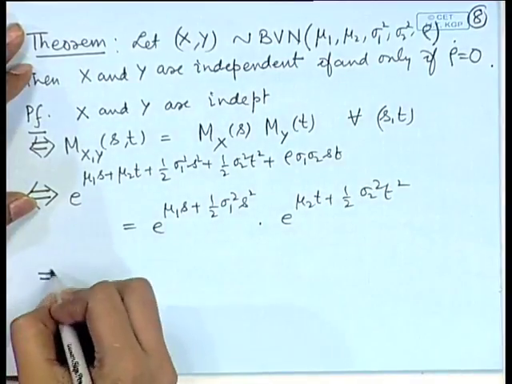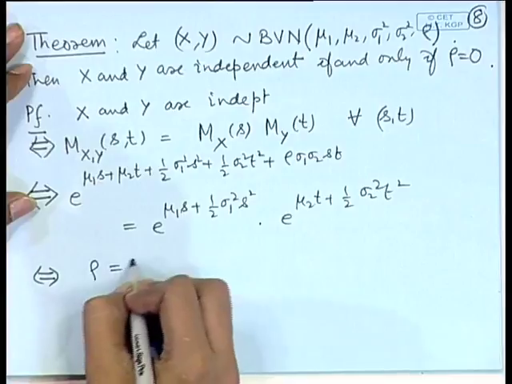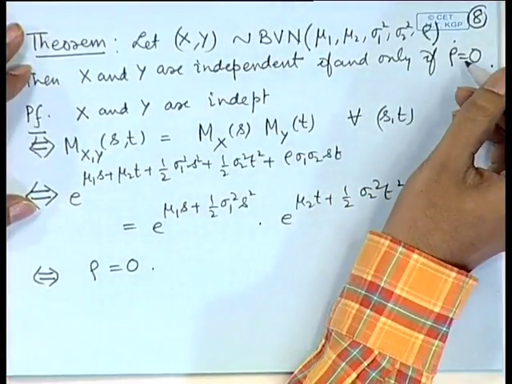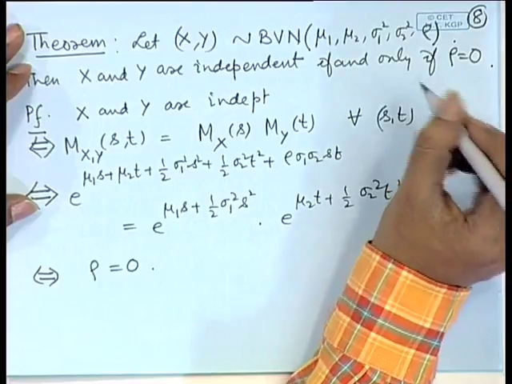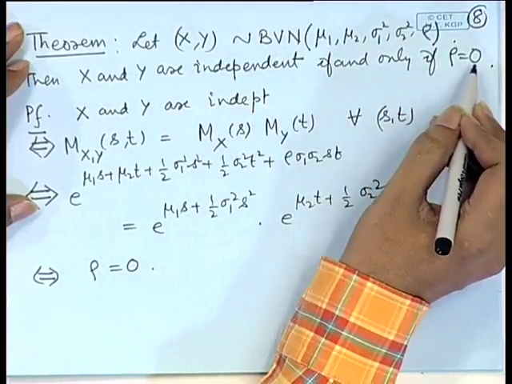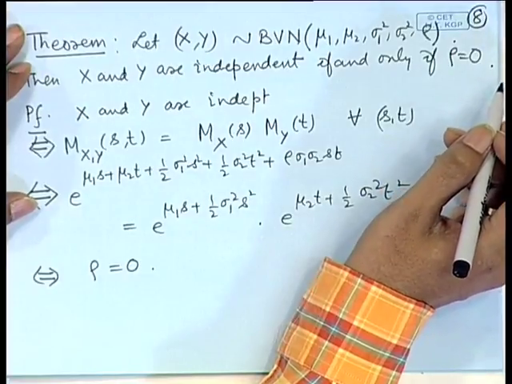So, this is equivalent to the statement that rho is equal to 0. So, although in general correlation 0 does not imply independence, in the case of bivariate normal distribution, independence and correlation equal to 0 are equivalent.